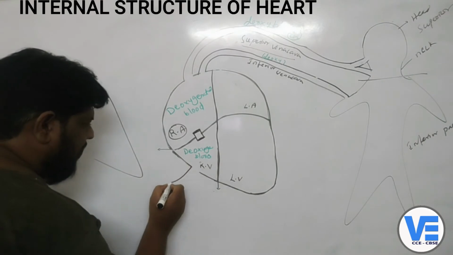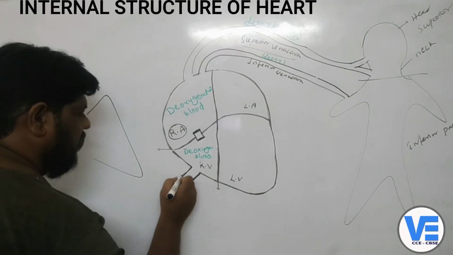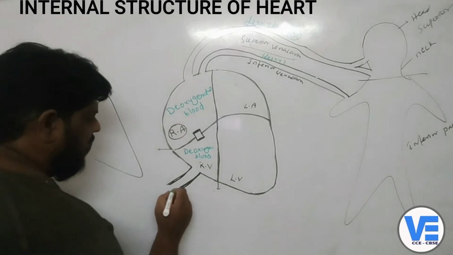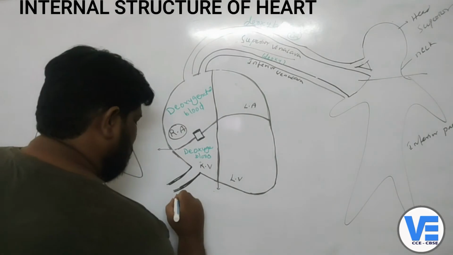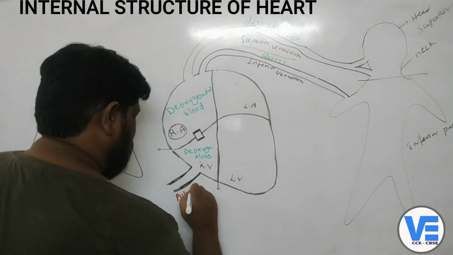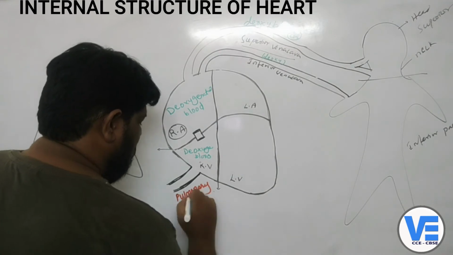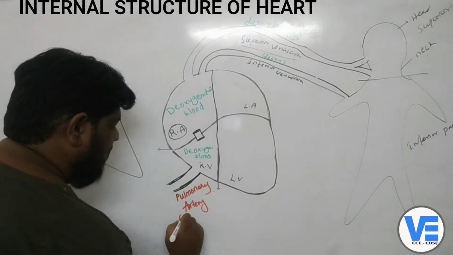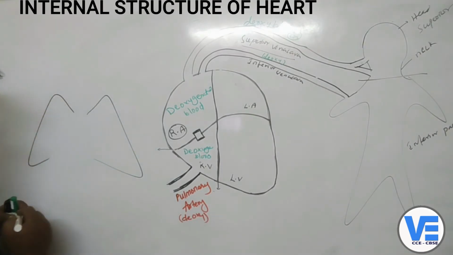now the blood will come into another artery here. We are calling it an artery. This is called the pulmonary artery. And what blood is it carrying here? It is carrying the deoxygenated blood.